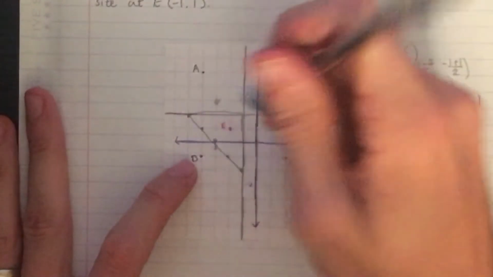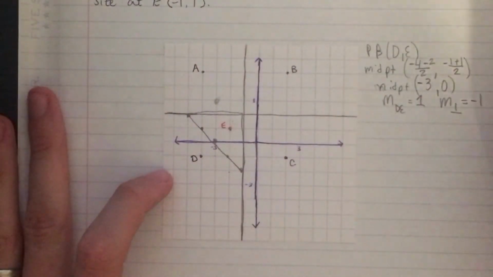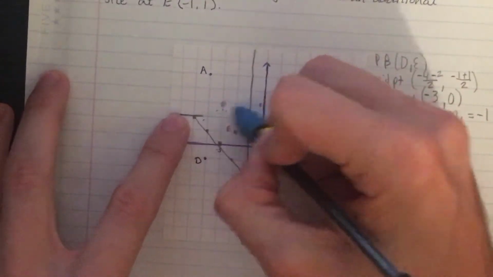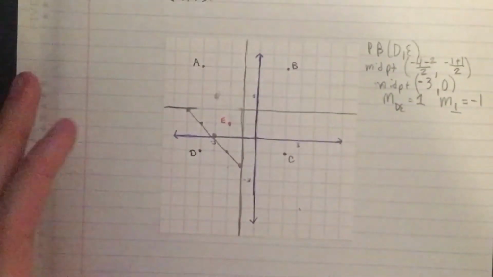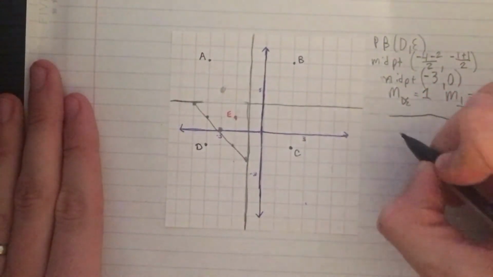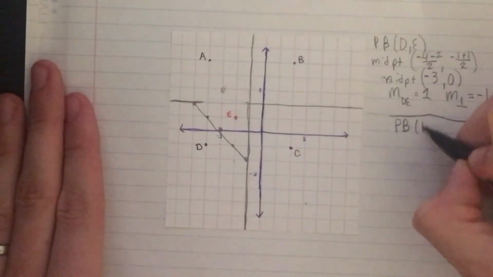I'm going to erase this edge because this isn't going to cut it. I'm going to keep this far part, but erase the rest because we need a new one for A and E. So now we're going to do the perpendicular bisector for A and E.